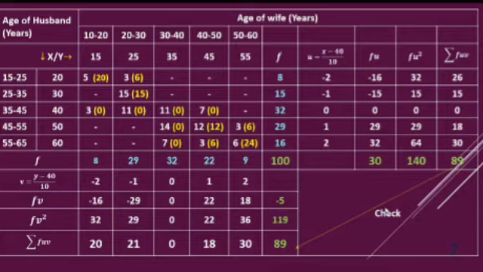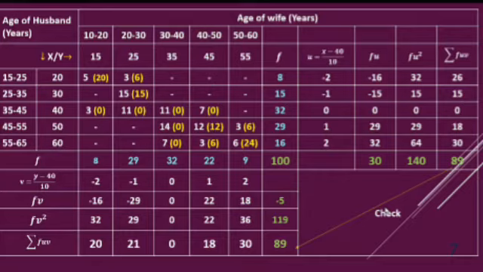Common difference is 10. 20, 30, 40, 50, 60. Suppose there is no common difference, you can take any value which makes your calculations simple. Suppose you find you can work out easily without dividing by 10 or some value, then you can take only x minus a. You need not divide by c. Okay, remember all these things.